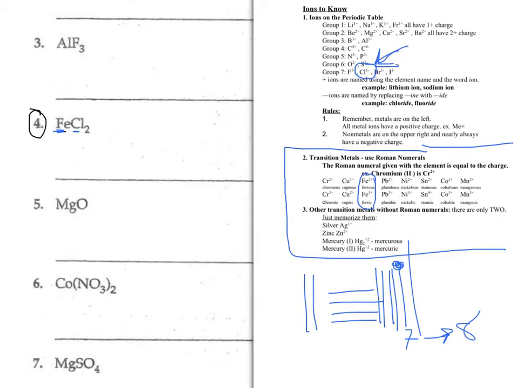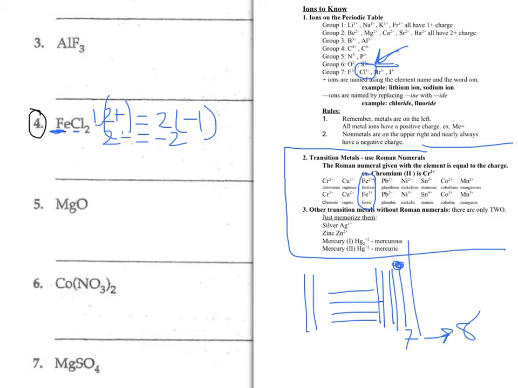So chlorine is -1, and there are 2 of them. And remember, the charges are equal but opposite. There's 1 iron, so on the anion side, we have a charge of -2, and so on the cation side, which is the iron side, we're going to have a charge of +2 in order to multiply that out. 1 times 2 is 2.